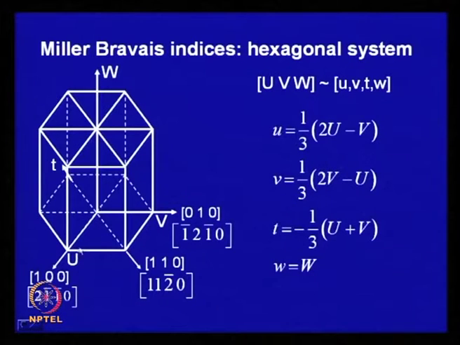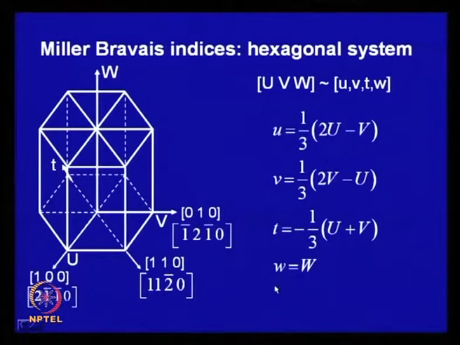So, here also we use a 4 indices system U, V, T, W. The T is as such redundant; it is equal to minus 1/3 of (U plus V). The capital U, V, W are the normal Miller indices, and the smaller u, v, t, w are the Miller-Bravais system. With this set of conversions, it is possible to show that all these equivalent directions will have identical or similar indices.